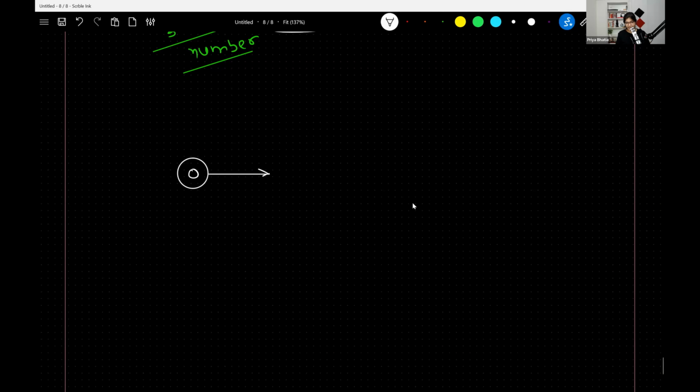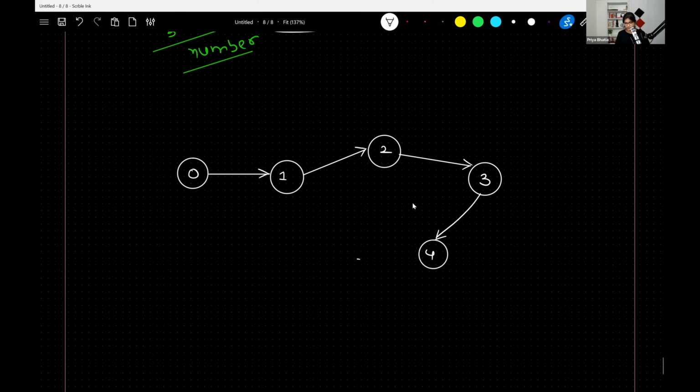After that, we will be having 1, then 2, then 3, then 4, then 5. And then let's say we will be having again a cycle pointing to 1. Now, if I ask you what is the duplicate element in this entire cycle, what will be your answer?